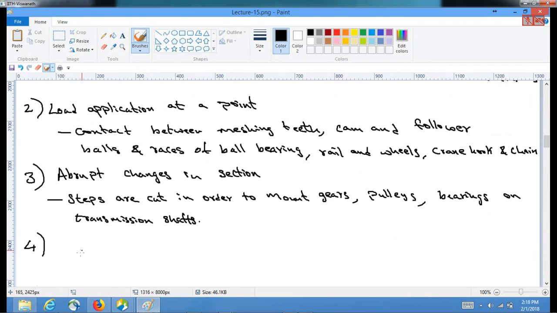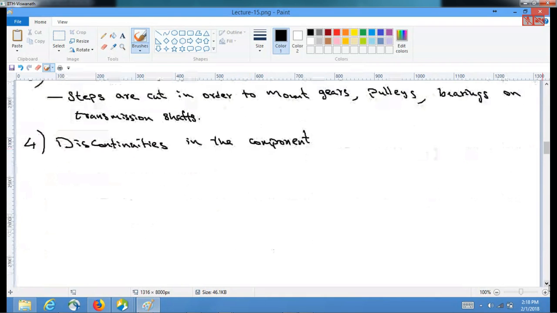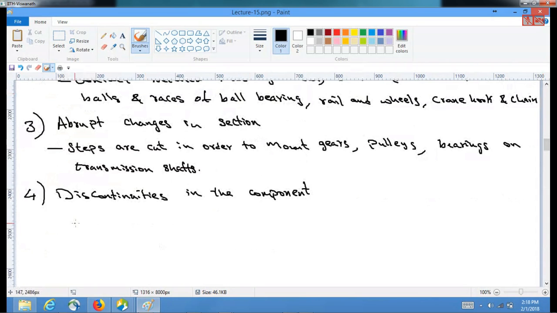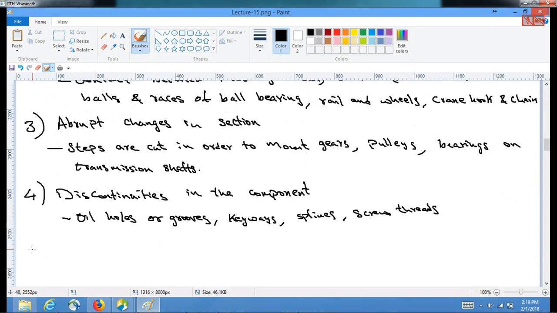Next one is discontinuity. Now, in this case are generally like oil holes or grooves, keyways, splines, and screw threads are the design.